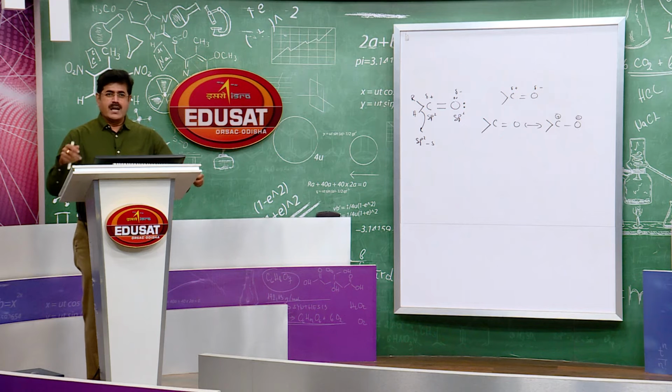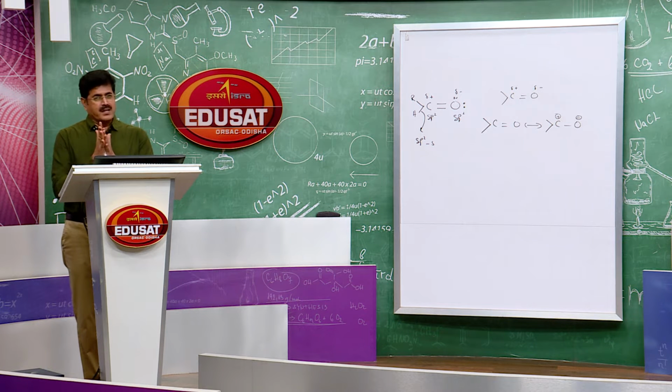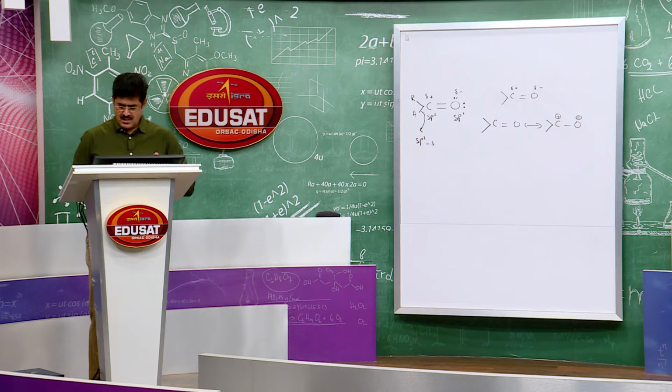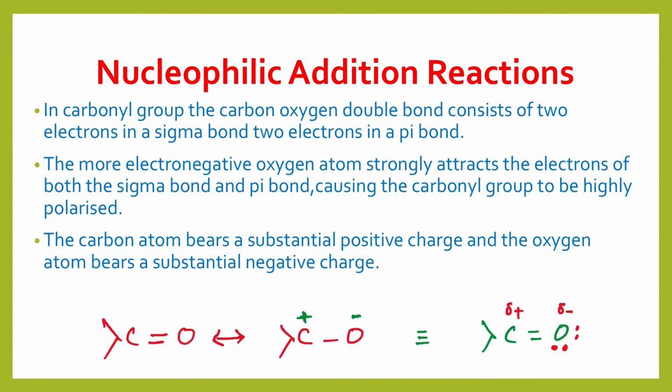So, we are discussing nucleophilic addition reactions. You see the details displayed on our screen. In the carbonyl group, the carbon-oxygen double bond consists of two bonds, one sigma and one pi bond. The more electronegative oxygen strongly attracts the electrons towards it, so it acquires fractional negative charge, as given.